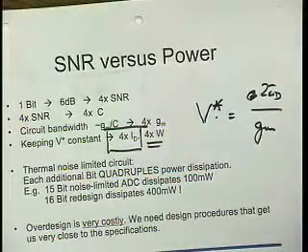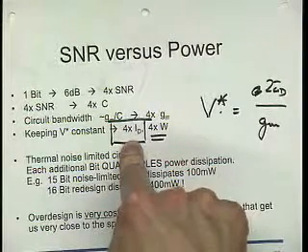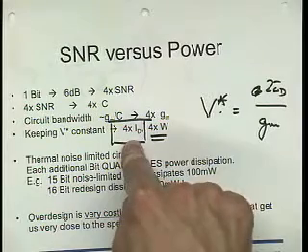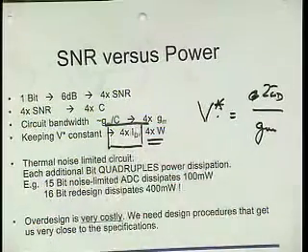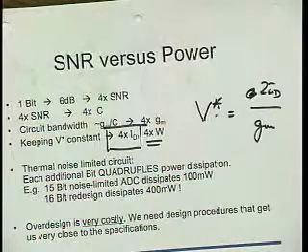Why? Because you're going to pay for all the extra resolution. You're not going to get anything for it except for a really hot circuit and a dead battery. So every additional bit quadruples power dissipation.